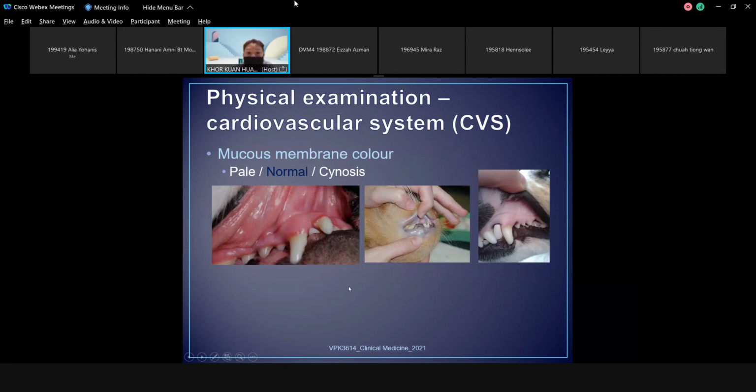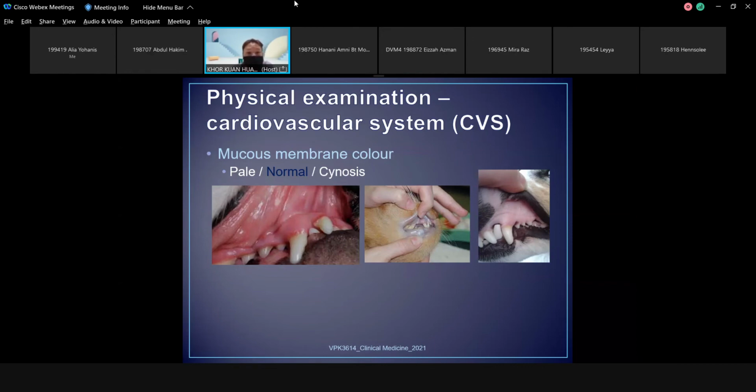So the most important thing when you check their mucous membrane, what test do you always do? CRT. What does CRT stand for? Capillary refill time. Okay, you're going for your CE in the future already, right?